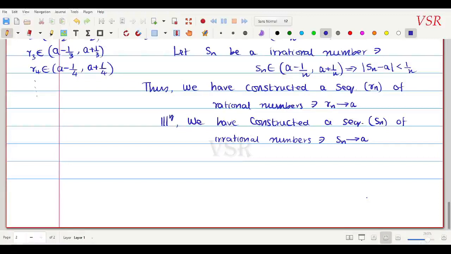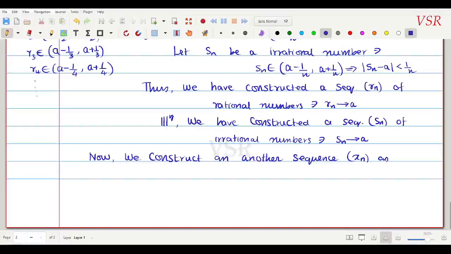Okay. Now we construct another sequence, say Xn, as follows. Xn is equal to Rn first. For odd n, I will bring the sequence like this: R1, S1, R2, S2, R3, S3.